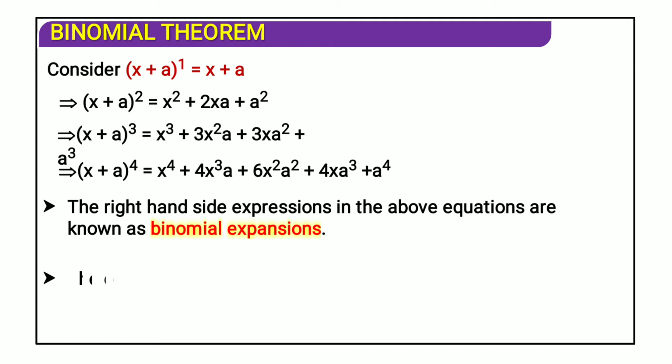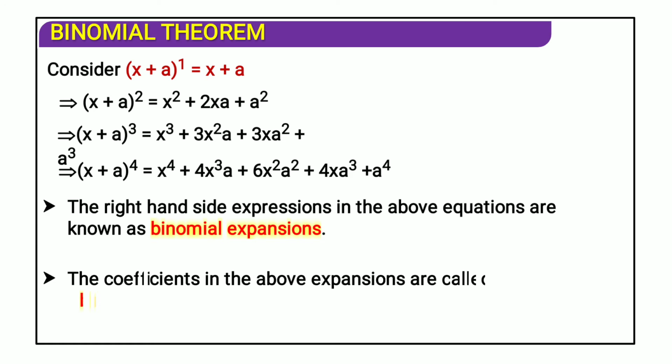The coefficients of the above expansions are called binomial coefficients. Means to say the coefficients here are 1, 4, 6, 4, 1, and 1, 3, 3, 1. These all are binomial coefficients.